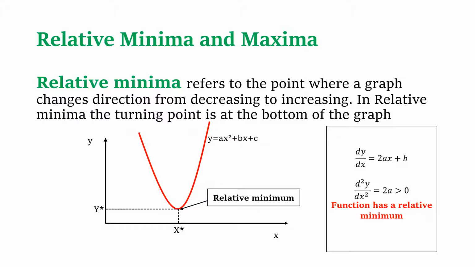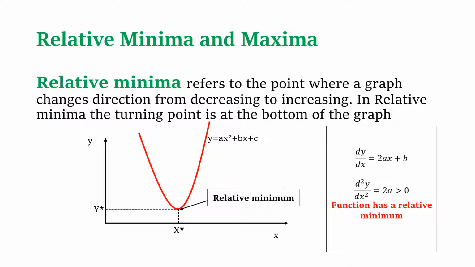Okay? So we are still dealing with unconstrained optimization. We are only dealing with the objective function. There are no constraints here. So this function has a relative minimum, because the second order derivative, you differentiate this first derivative, you get the second derivative, and that is 2a.